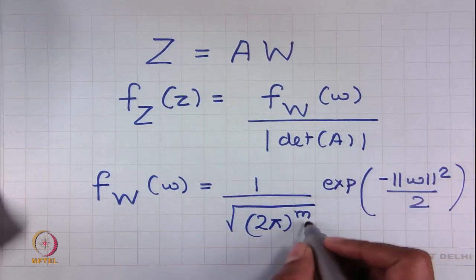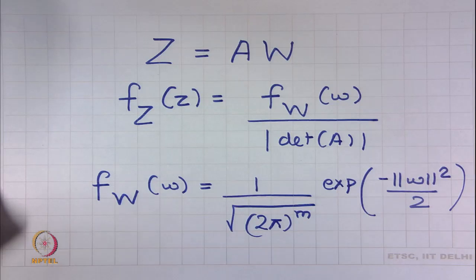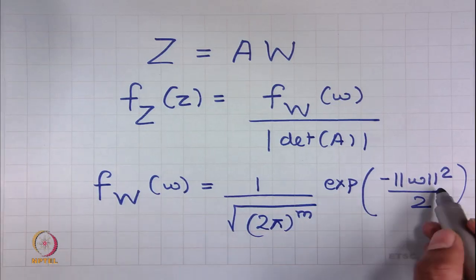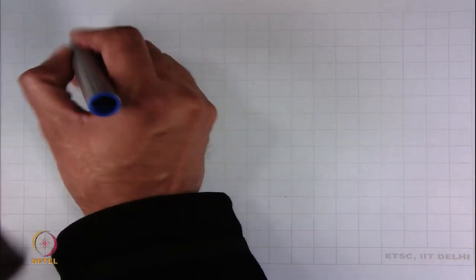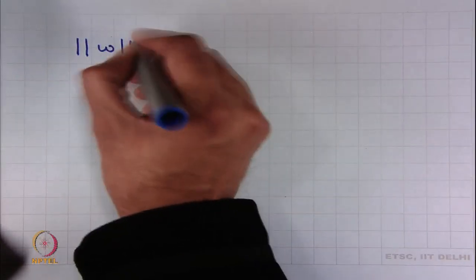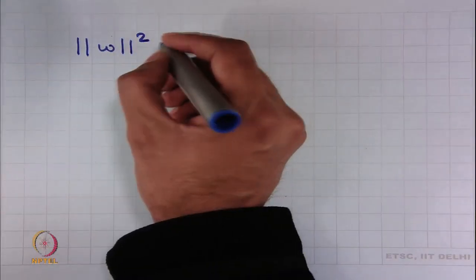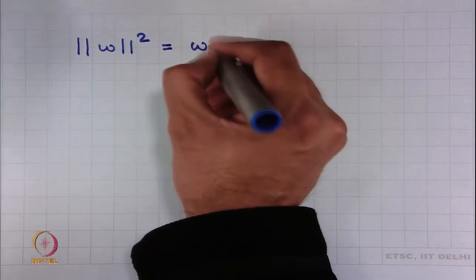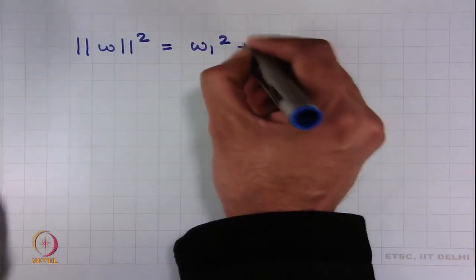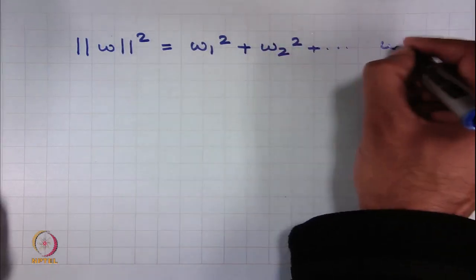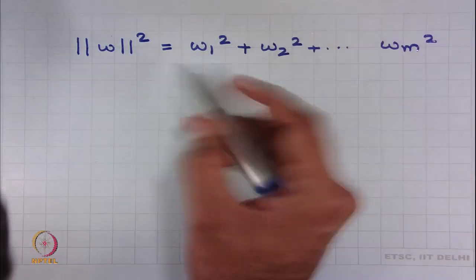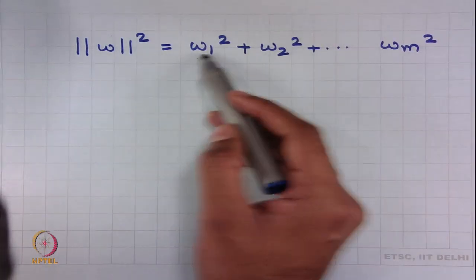Okay, where m is the number of elements in this vector W, and we have also seen that this is norm square of vector W, and we know that norm square of any vector can be thought of as the sum of squares of these elements.